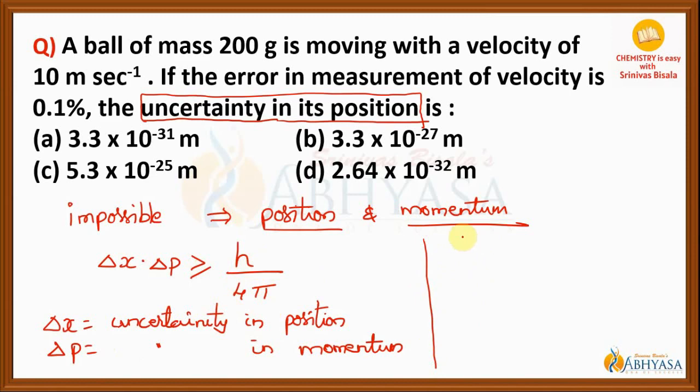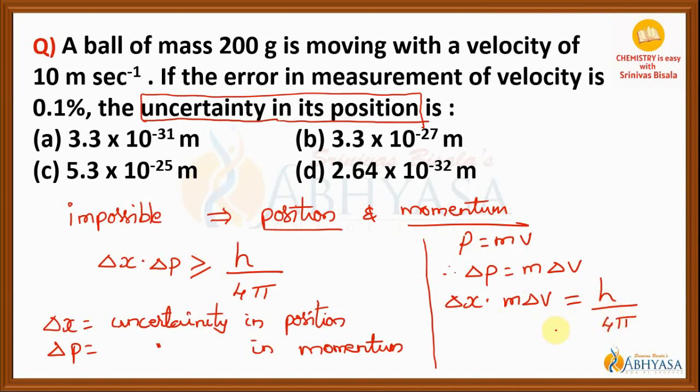We also know that momentum is equal to mass into velocity. Therefore, delta p is equal to m delta v. In place of delta p, substitute m delta v here. We get delta x into m delta v, which is greater than or equal to h upon 4 pi.